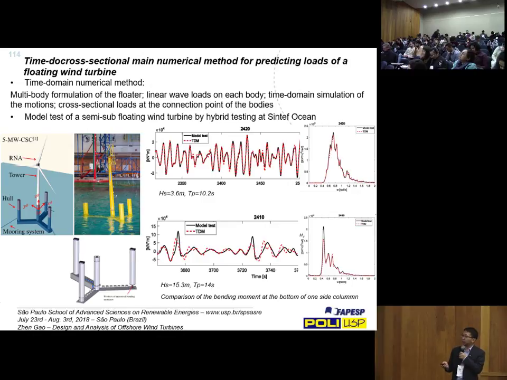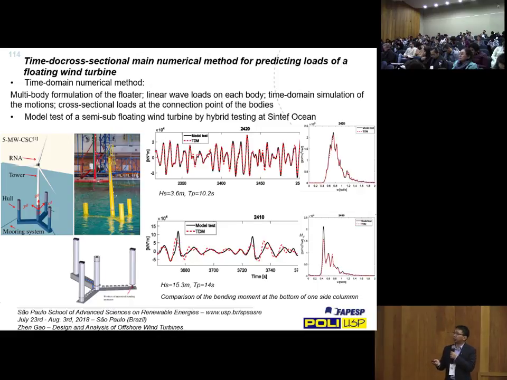You can get the cross-sectional loads at that point. And here we compare with the measurement and the time domain simulations. Of course, in this case, we use the measured wind and measured wave elevation as input for the simulation, so then you can get exactly the same time series response.